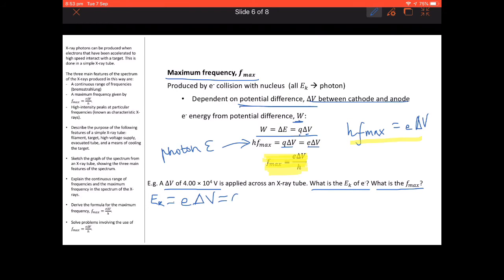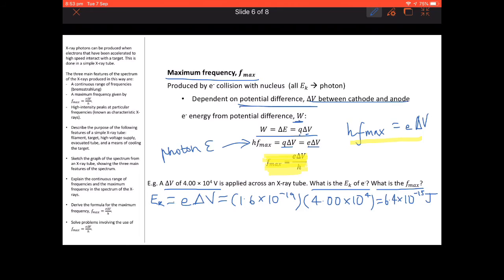This is 1.6 × 10^-19 multiplied by 4.00 × 10^4 volts, which is equal to 6.4 × 10^-15 joules. So that's our kinetic energy of the electron.